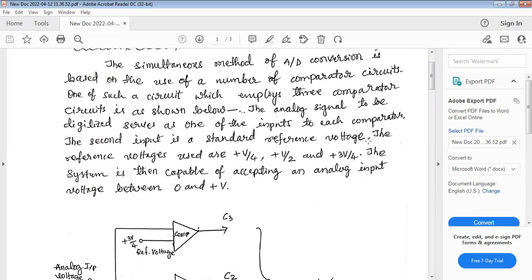The reference voltages used here are V by 4, V by 2 and 3V by 4. Four voltage levels are constructed here, and the system is then capable of accepting an analog input voltage which lies between 0 and plus V.